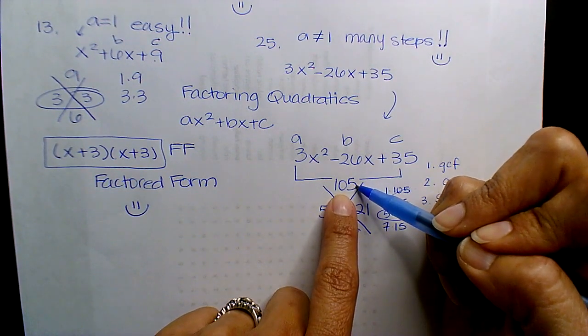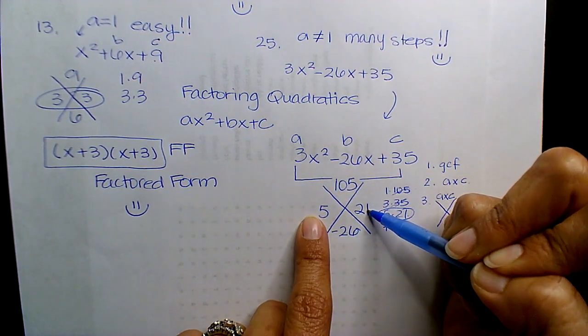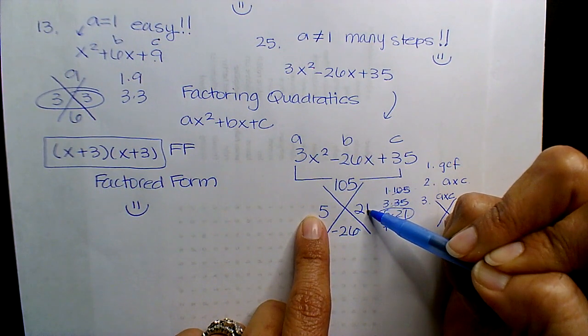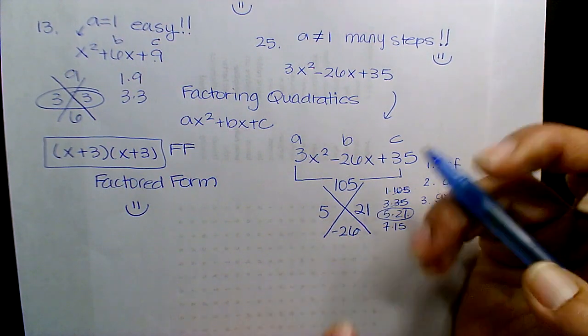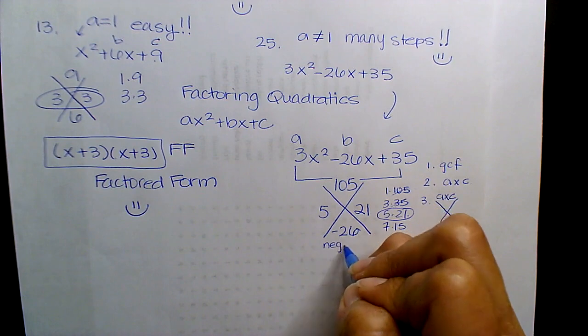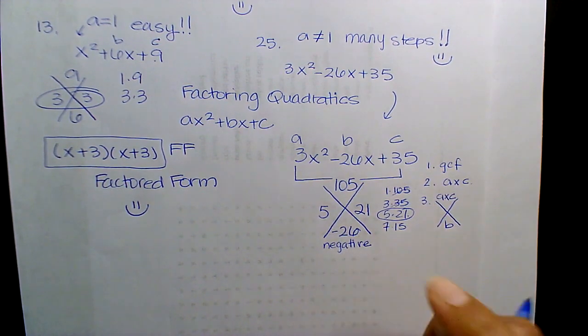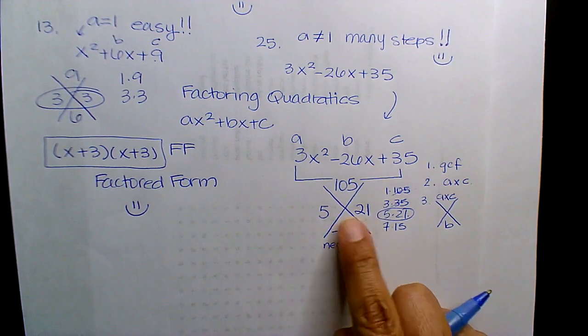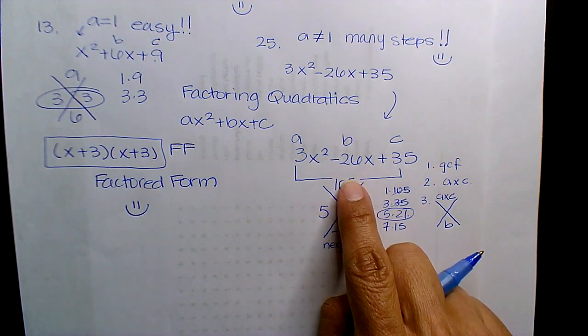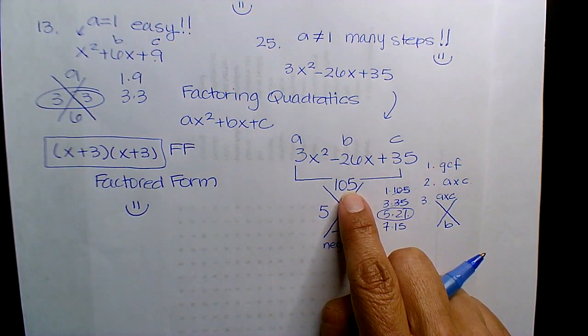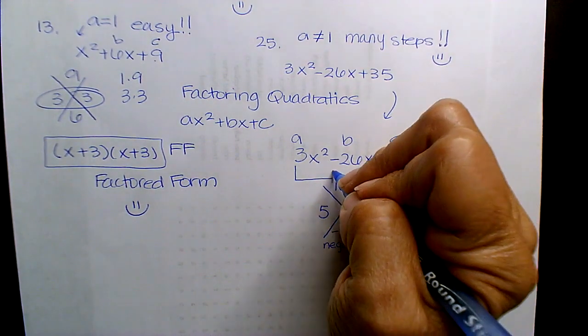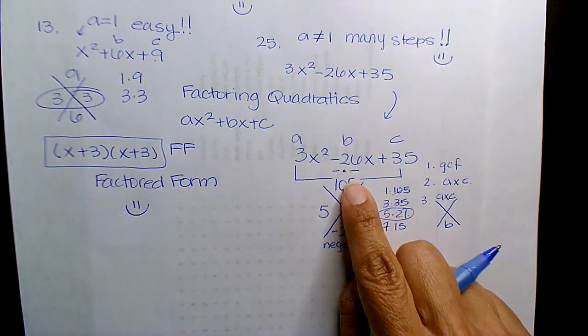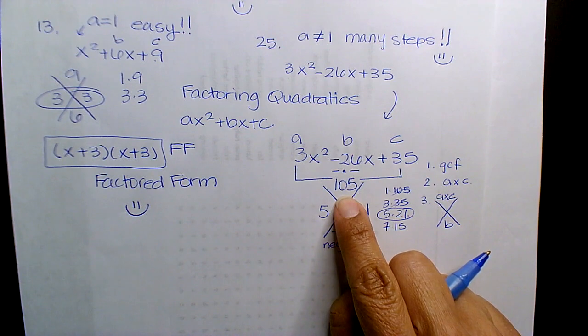105 is positive. 5 and 21, what are they, positive or negative? Because the b value is a negative number. The only way you get a negative summation is if you have a value that has a negative. But 105 is positive. But how do you get a product? A negative times a negative will give me a positive number.